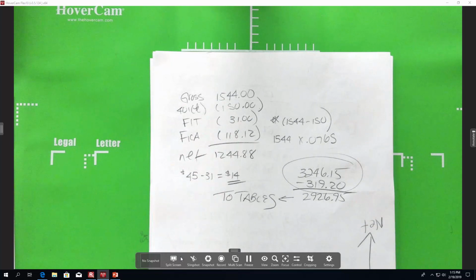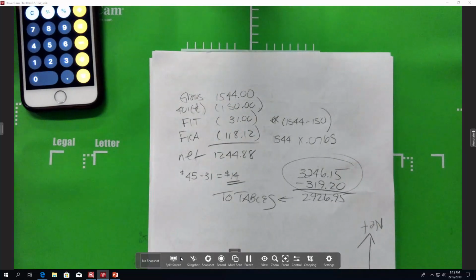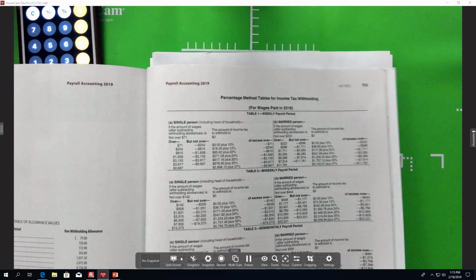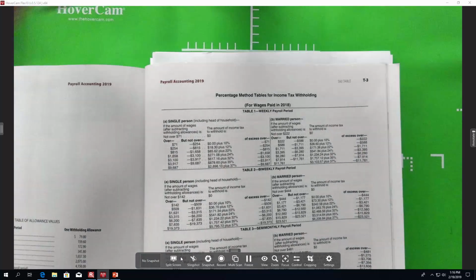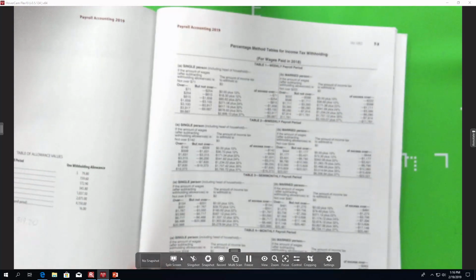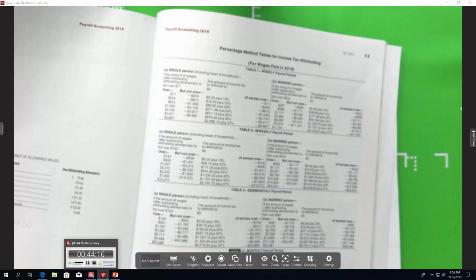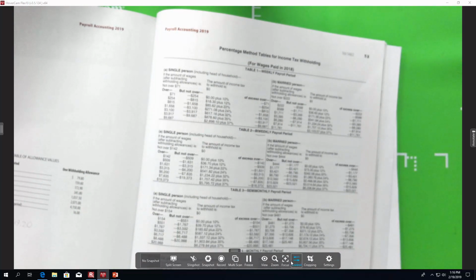T2B is for a married person. So I go to table 2, and on the left-hand side is single, and on the right-hand side is married. The one on page T2, though, while we grab the amount, that doesn't matter whether you're married or single. Yeah, sorry. Okay, so now I'm on page T3, and obviously I'm going up to the biweekly table, and I'm going to use the one for married. This thing focused again. I don't know why it keeps going out of focus.